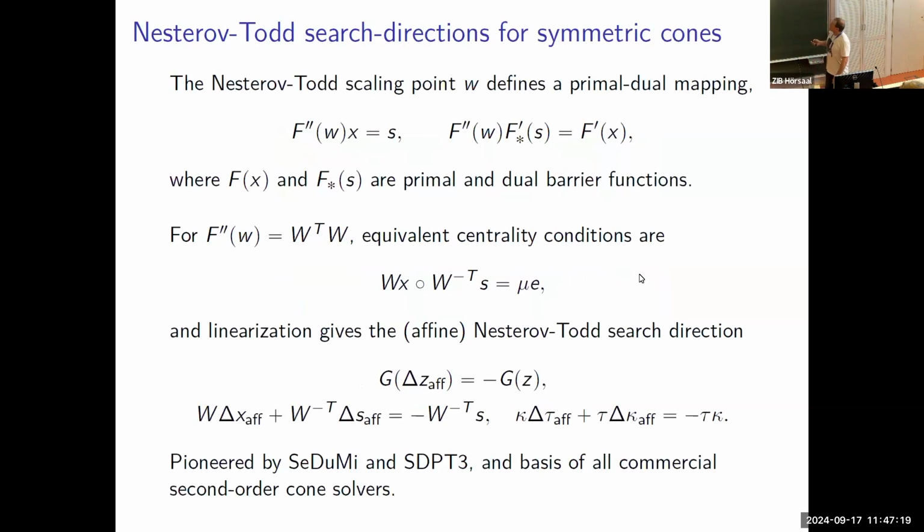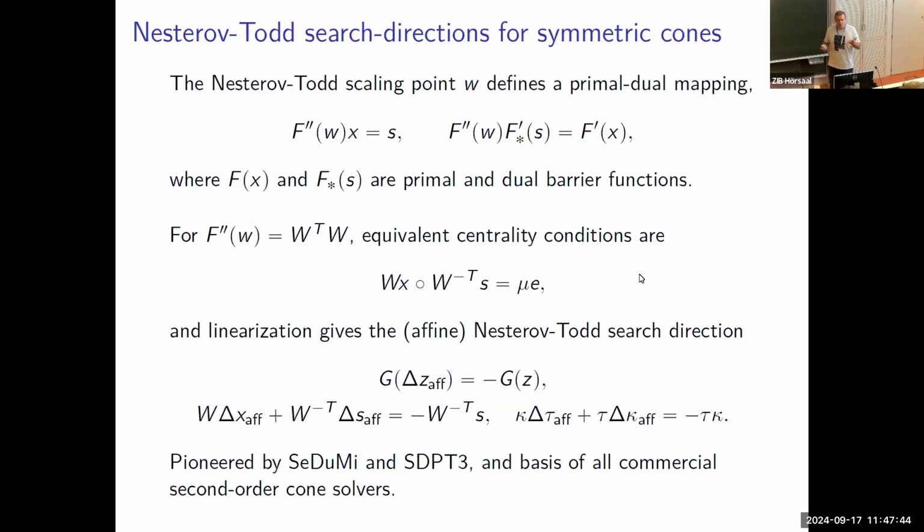I mentioned in some of the early slides that the complicated thing is always how you linearize the centrality condition, and that's really the case for second order cone programming and also semi-definite optimization.